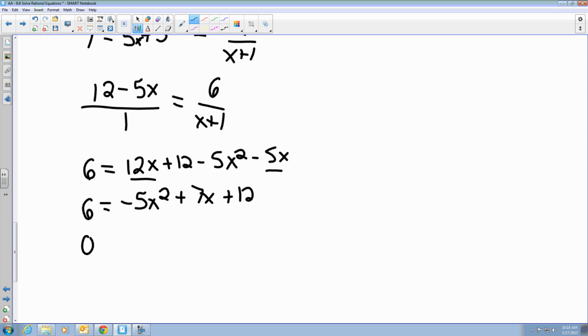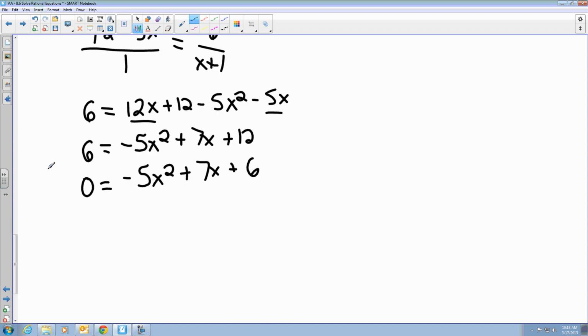Set this side equal to 0, so subtract 6 from both sides, so I get negative 5x squared plus 7x, and it would be plus 6.